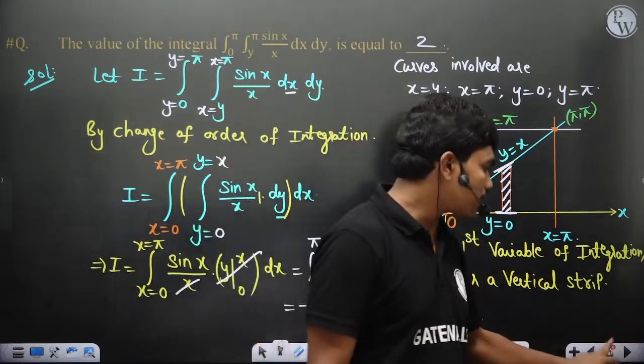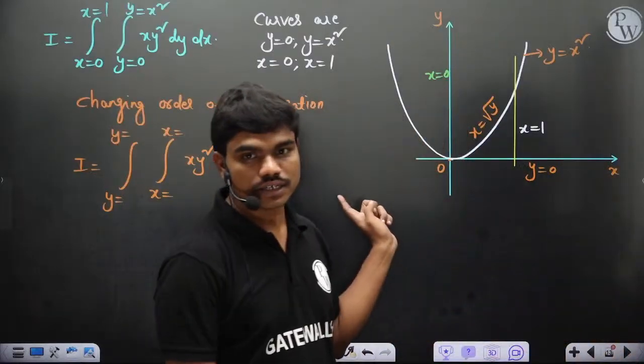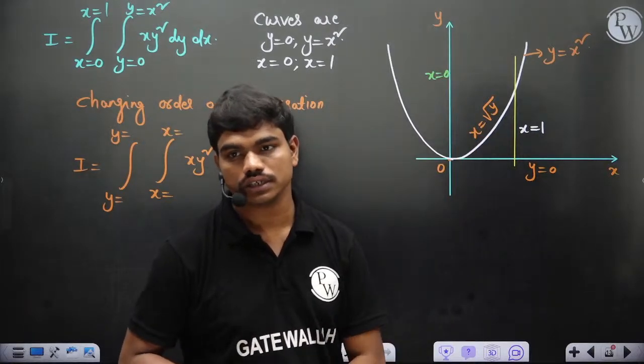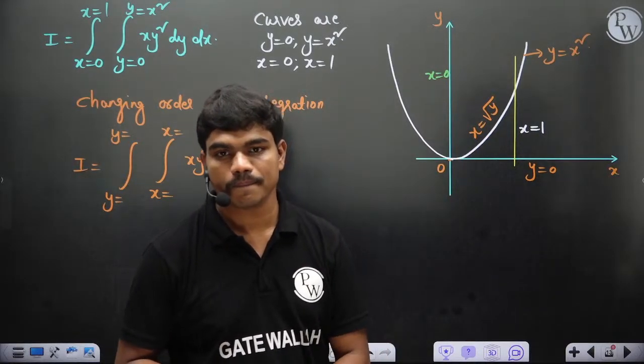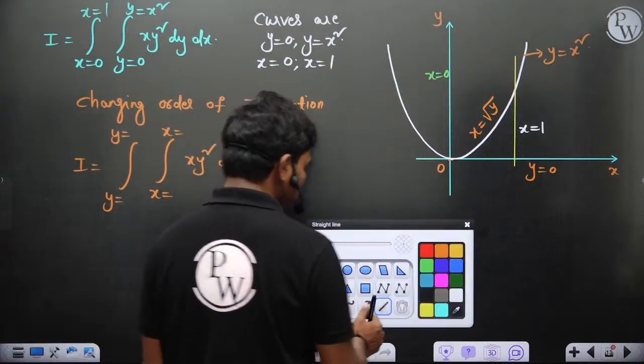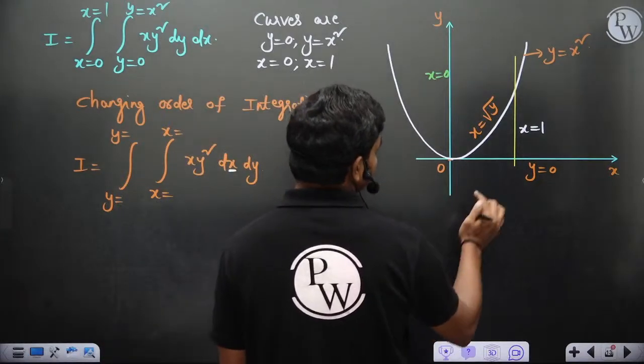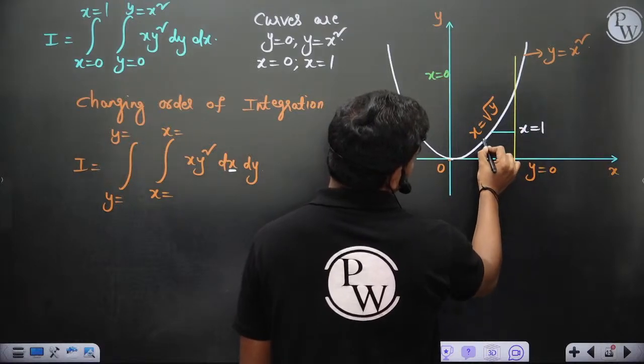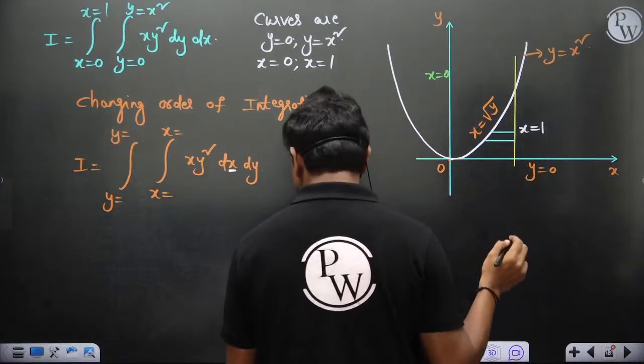So if you consider x as the first variable of integration within this region, the step you have to consider is vertical or horizontal? It should be a horizontal step, right? So we take a horizontal step in this region.